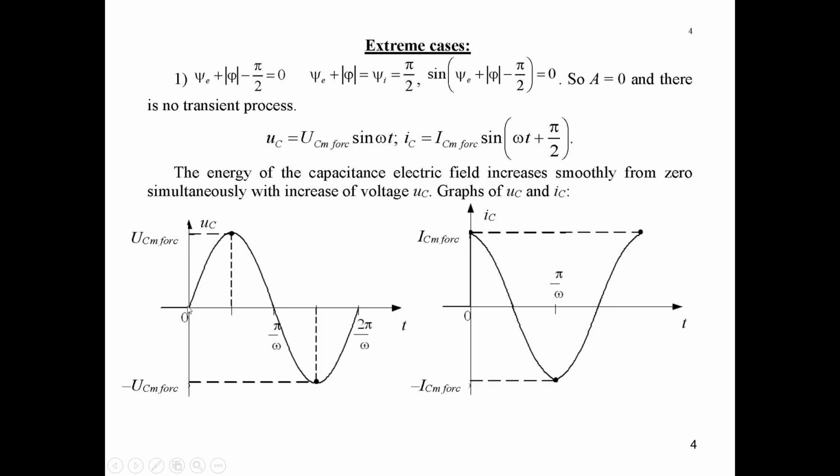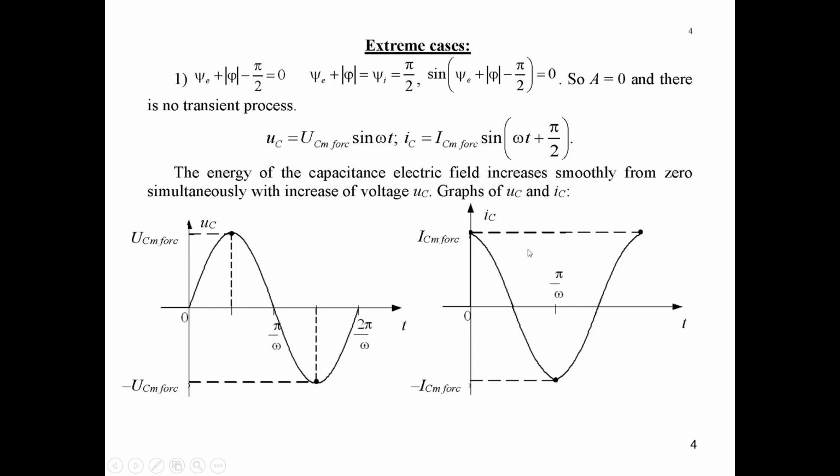It changes smoothly from 0 level to the sinusoidal level and further. And for the voltage drop across capacitance, it should not change abruptly, it should change smoothly like here.